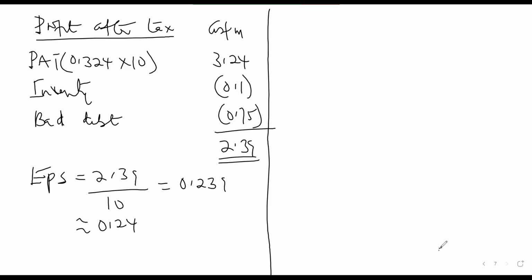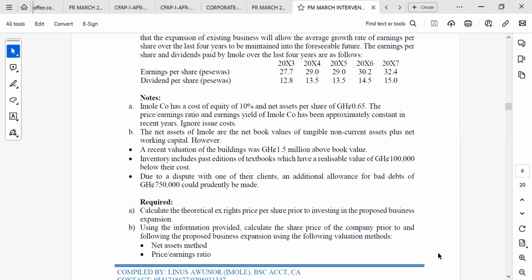Now let's look at the other methods they are asking us to use. We should use the price earning ratio. The question says that the price earning ratio and the earnings yield of the company have been approximately constant in recent years.